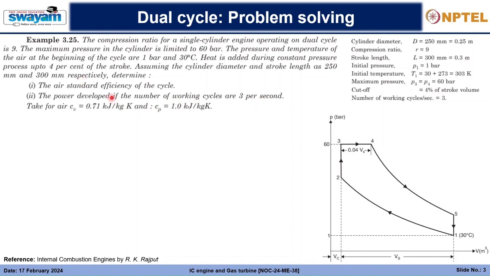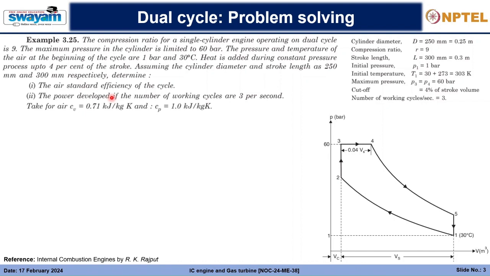For the air standard efficiency of the cycle, if we know the formula, then we can simply put in the values. First we'll find the values of r, beta, gamma and everything, and after that we will simply plug the values into the formula, and we will get the air standard efficiency. That is quite easy, but knowing the formula is a little bit difficult, right?